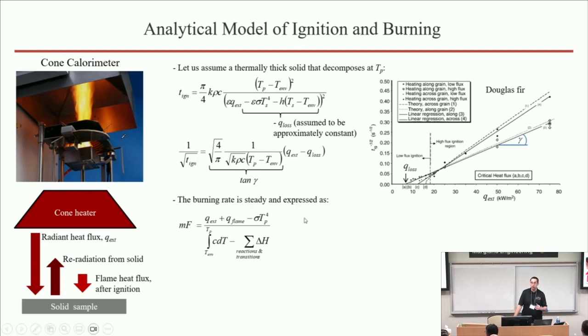This is the expression in your numerator, divided by what's commonly referred to as the heat of gasification. The heat of gasification is basically the amount of energy that is required to take a material from room temperature through its decomposition. It's composed of 2 terms.